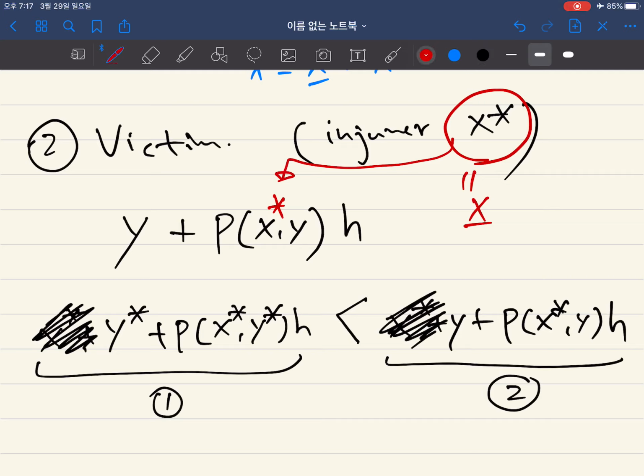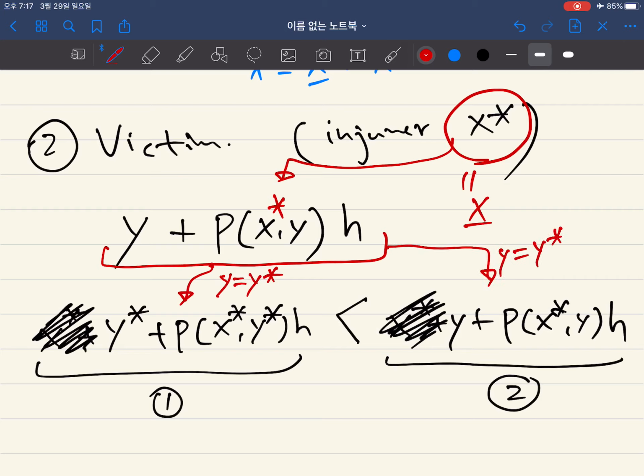So look here. In this function, if you put Y star, then you get number 1. And if you put anything other than Y star, then you get number 2.